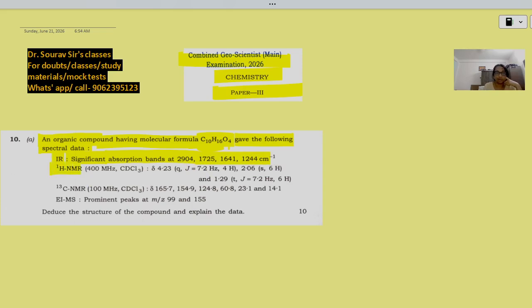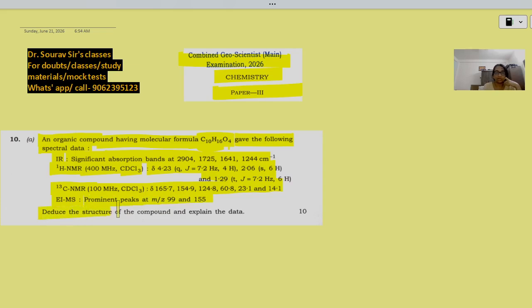Proton NMR at 400 MHz in CDCl3 gives this data, and carbon-13 NMR at 100 MHz in CDCl3 gives this data. EIMS: the prominent peaks at m/z 99 and 155.